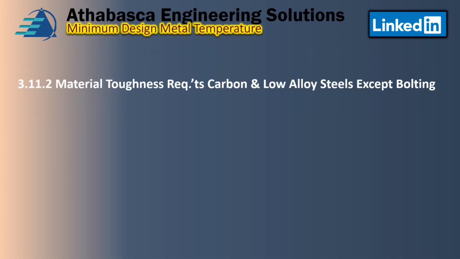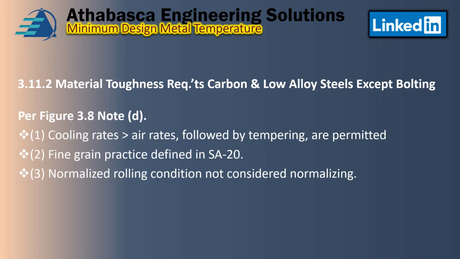Take a look at 3.11.2, material toughness requirements, carbon and low alloy steel except bolting. There are more notes that I'd like you to take a look at under figure 3.8D. There are issues about cooling rates. They have very specific requirements for the processing of the material that you just don't see in Division 1 to this degree. And Part 2 as well.